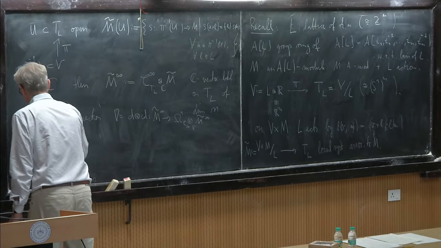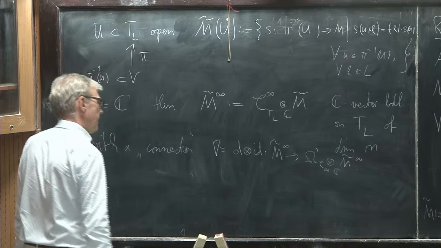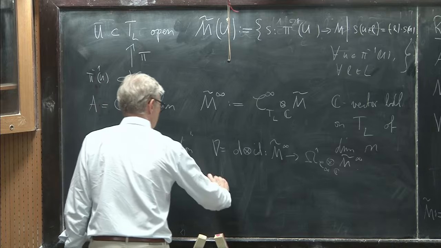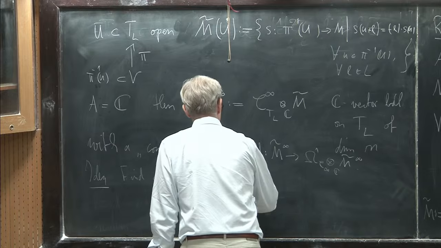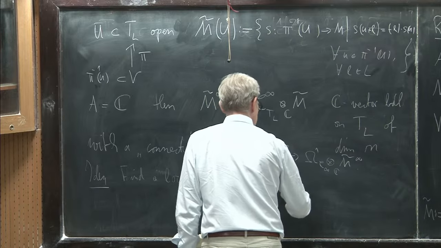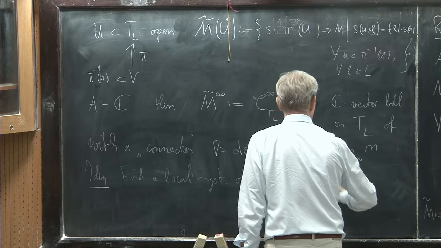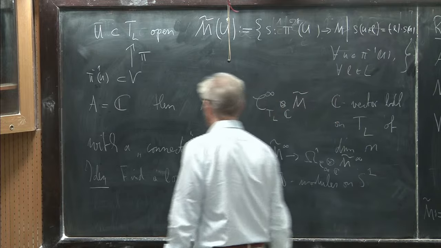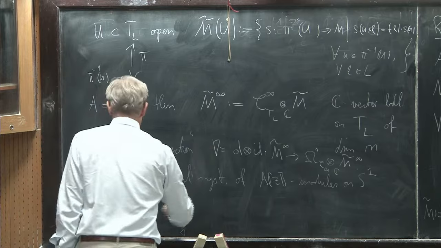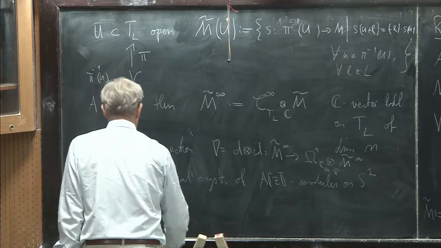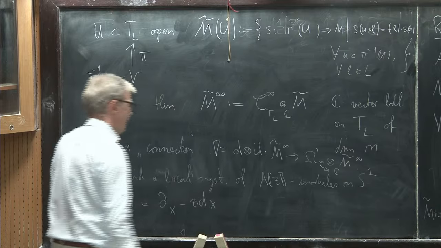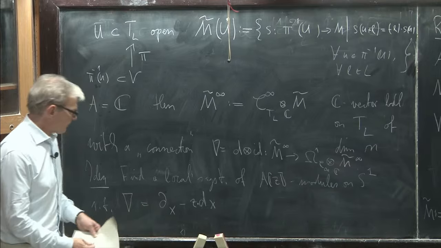Again, the idea: find a local system of power series Z modules on the circle S1 such that the associated delta is equal to the differential operator which we had before.